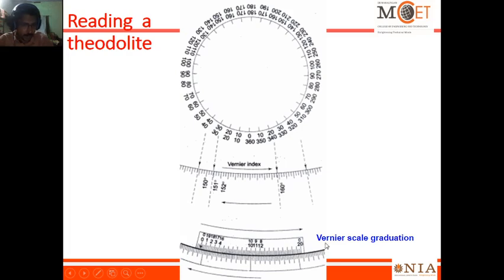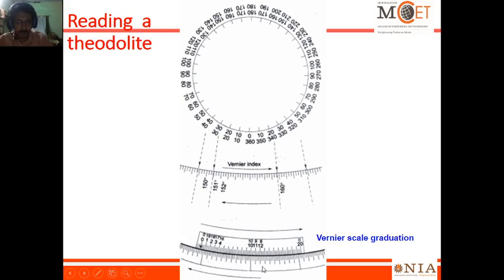It keeps on going. So the division here is 0 to 1 minute. 1 minute has 60 seconds already, you know. So again here also there are 2 small divisions which split into 3 divisions. So 60 seconds divided by 3 means 20 seconds. Each small division in the vernier scale is 20 seconds.